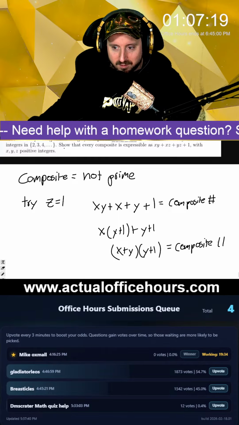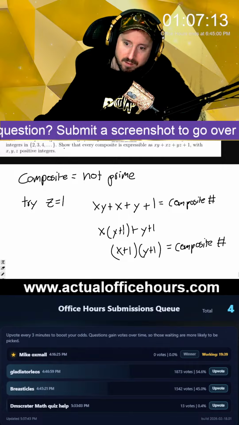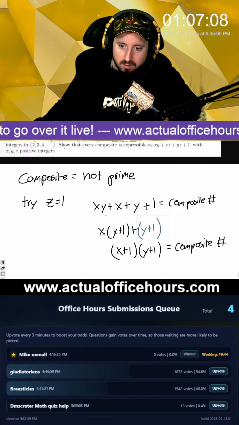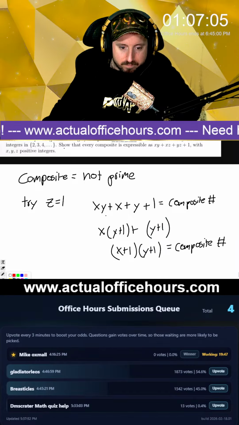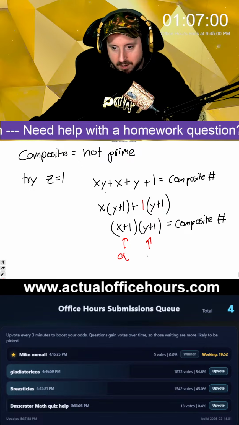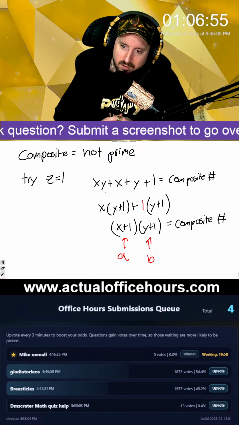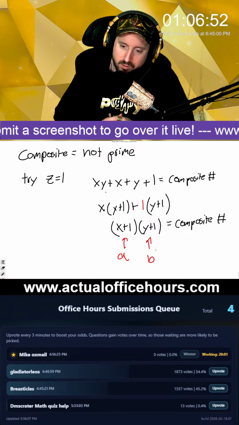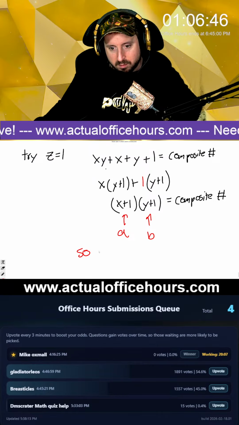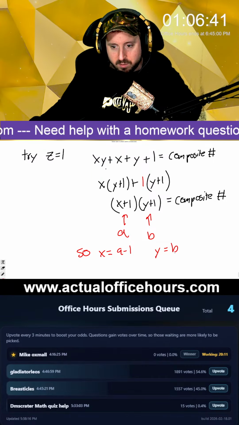Careful: x plus 1, y plus 1. Yeah, sorry, not x plus y. So this is already of the form a times b, where a is x plus 1 and b is y plus 1. Then x would be equal to a minus 1, and similarly y is equal to b minus 1.